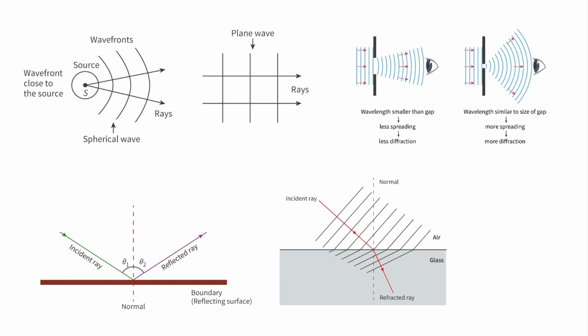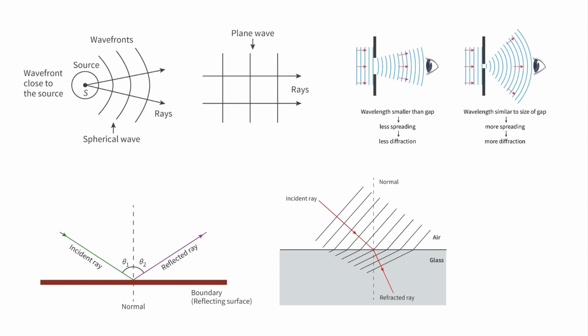Since the medium is more dense, if it were a sound wave, it would travel faster in the denser medium. Like the speed of sound in air is, I think, 343 meters per second, but the speed of sound in water is about three times that. That's because of the refractive indexes, so the velocity changes.